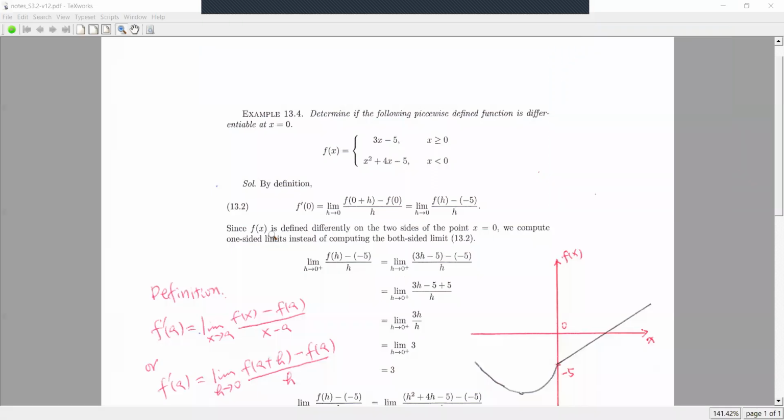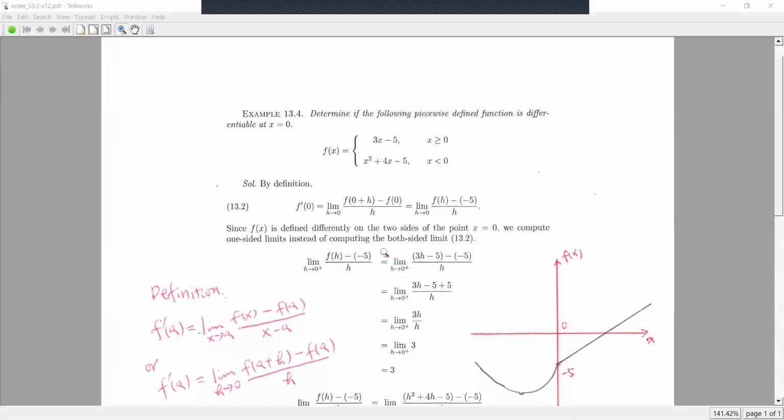Since the function f is defined differently on the two sides of the point 0, instead of computing this two-sided limit, I compute the left-hand side limit and right-hand side limit. For the right-hand side limit, x approaches 0 from the right. h is greater than 0. When h is greater than 0, f of h is 3h minus 5.